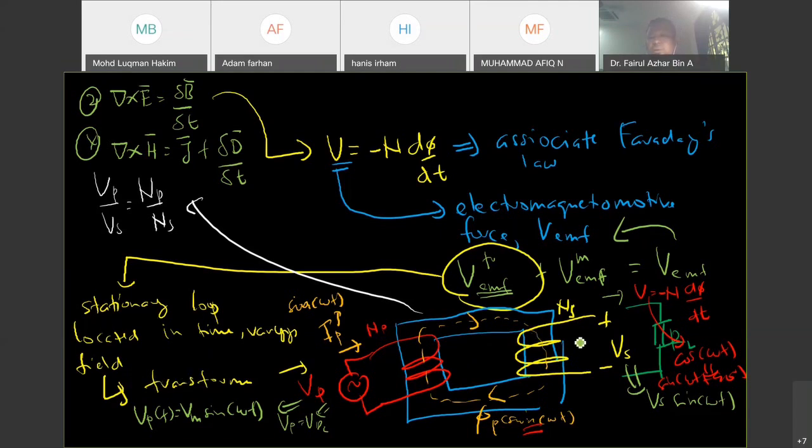The loop is not moved, the loop is maintained in one position, and what changes in terms of time is only the flux. This is the first type of electromotive force, which is the transformer EMF.